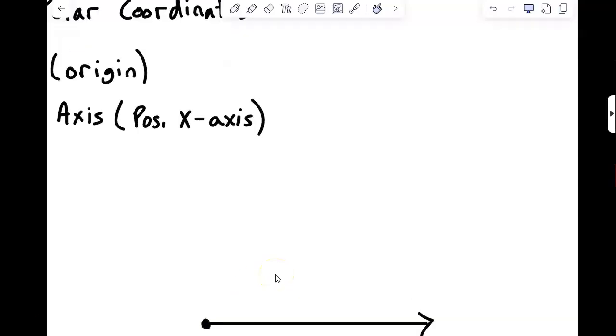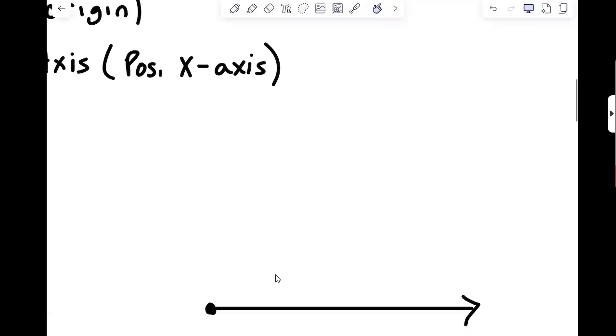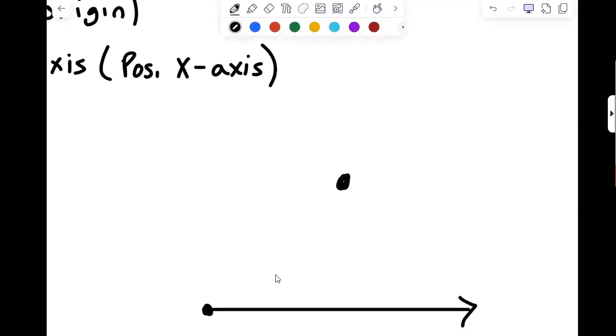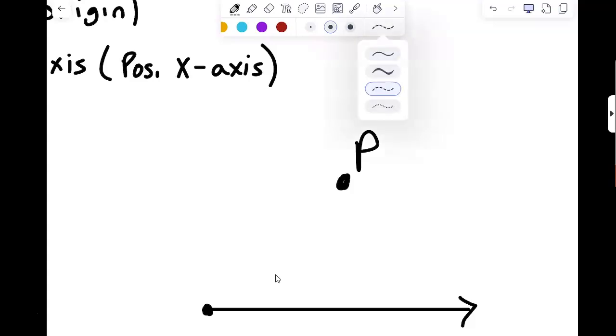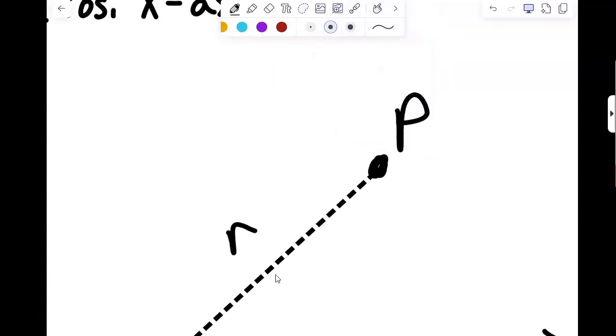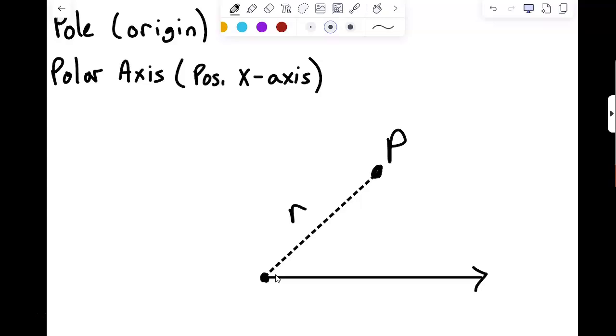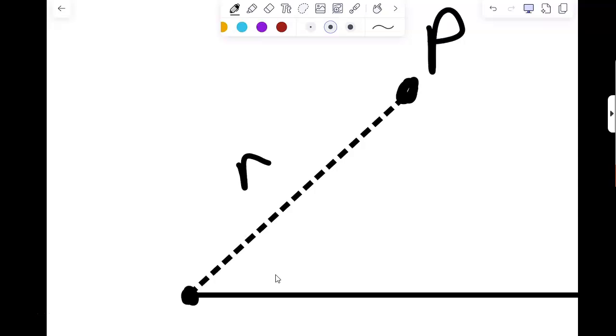So if we have some point in the plane here, let's just mark this point right here, call it the point P, then we're talking about P by measuring how far P is away from the center, or away from the origin. So we're measuring that distance, which we would call R. And we would measure the angle that's made with the positive x-axis, which should be familiar.